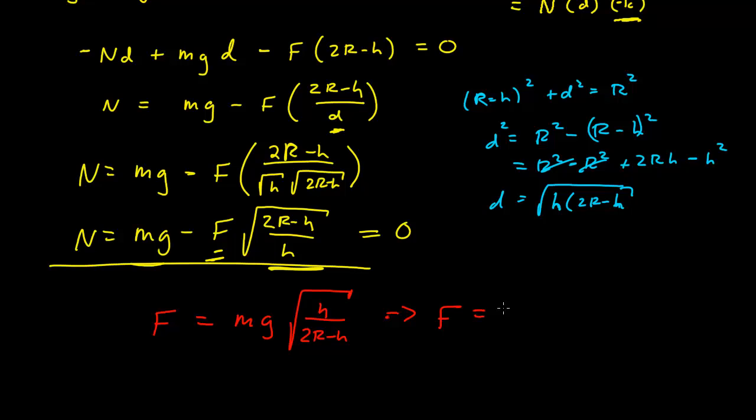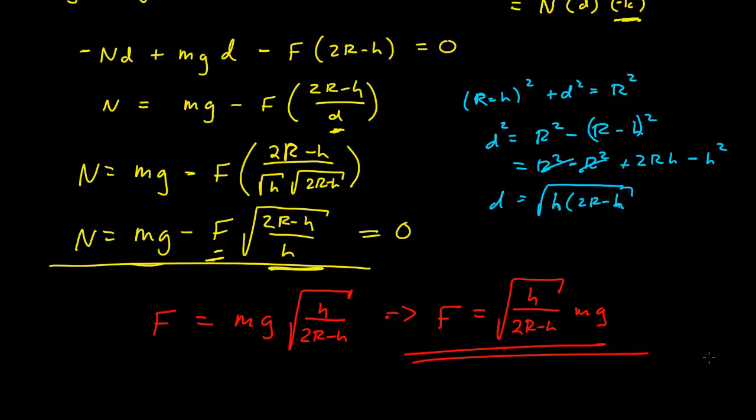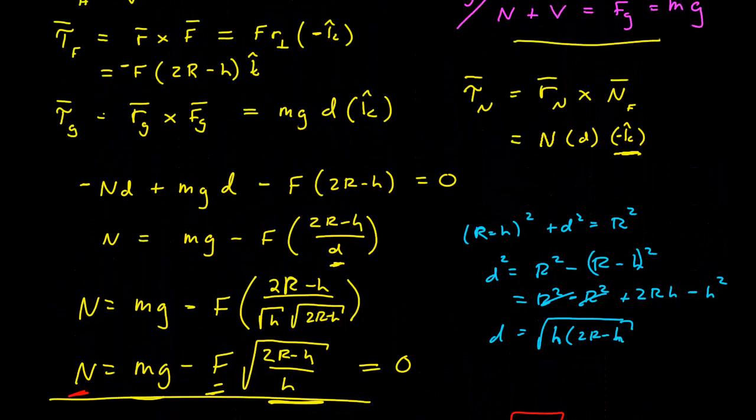So this force is equal to this coefficient of geometric terms, the square root of h divided by 2r minus h, times mg. And this is the force at which the normal force goes to 0 and it comes off the ground. Okay, so this was more of a complicated example.